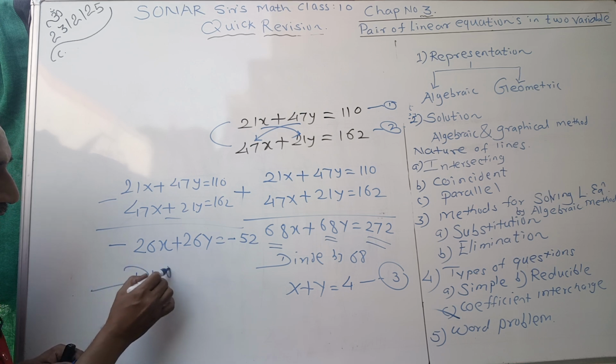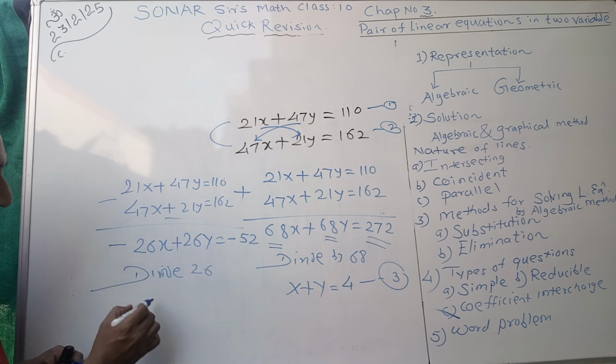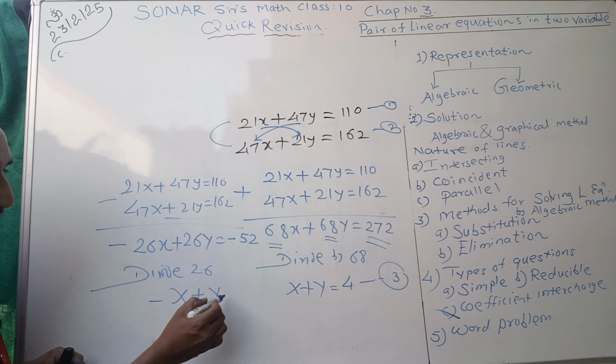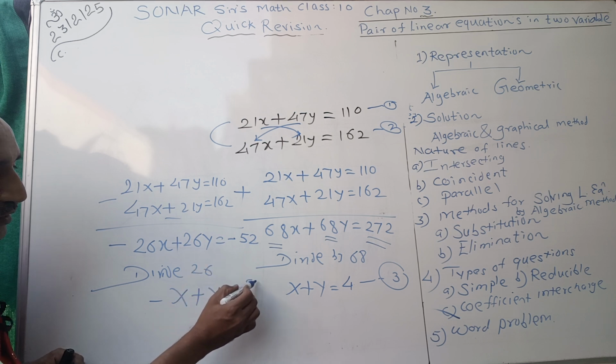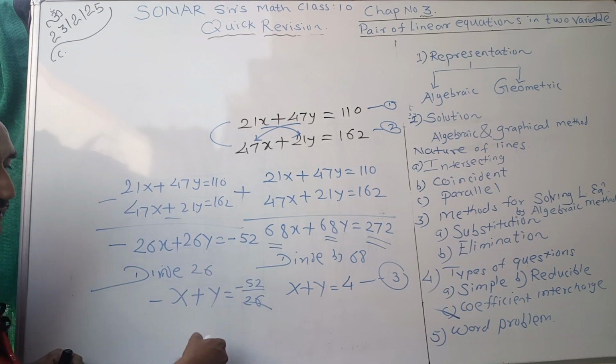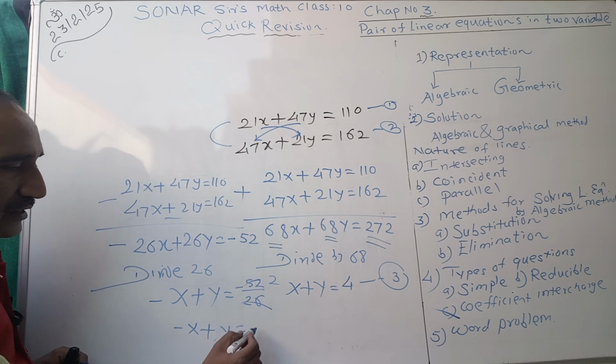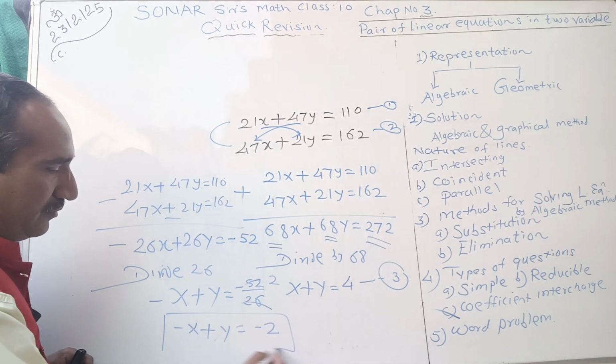If we divide by 26, we get x minus y equals 52 upon 26, that is x minus y equals 2, which is our equation number 4.